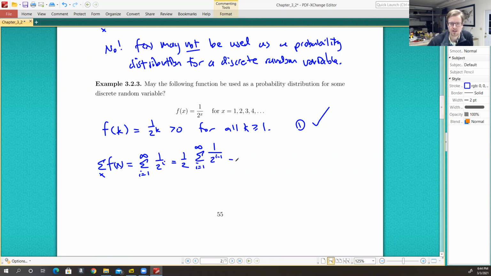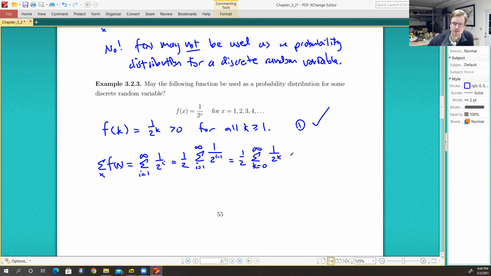That's perfect. So I can adjust my indices so that I've got 1/2 times the sum from, let's call it k now, so we can focus on that change. Of course, when I drop it down 1, it's still going to go off to infinity, and it becomes 1 over 2 to the k. Excellent.